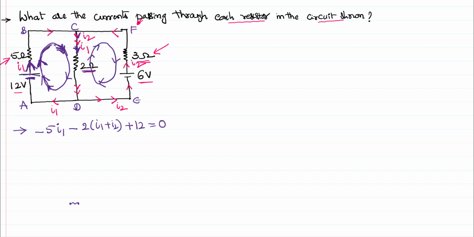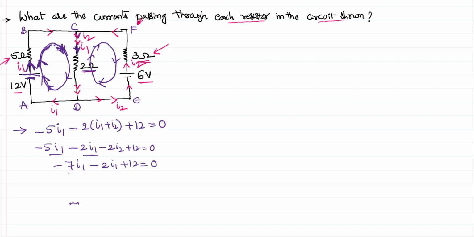By rearranging the terms: minus 5I1 minus 2I1 minus 2I2 plus 12 is equal to 0. Then minus 5I1 minus 2I1 is minus 7I1, minus 2I2 plus 12 equal to 0.